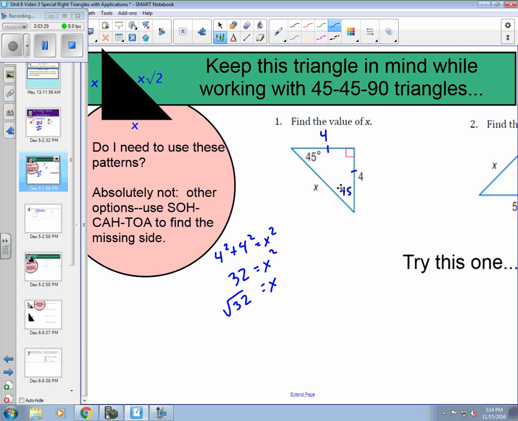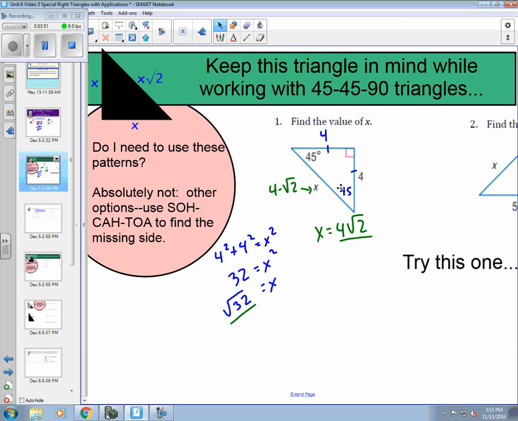Our little trick, though, says if we know how long this side is, our value of x here is whatever these other sides are, 4 in this case, times the square root of 2. So another way we could write it is that x here is 4 square roots of 2. Now, why isn't this the same as this? Well, it actually is.